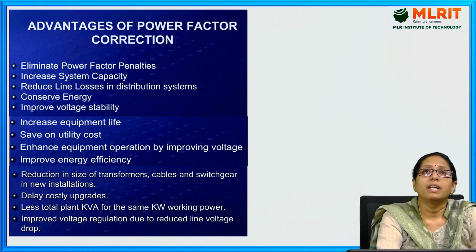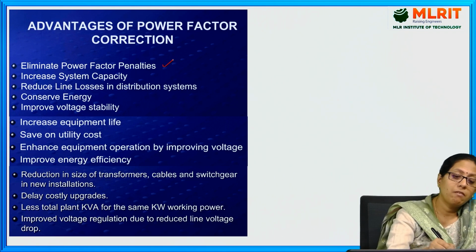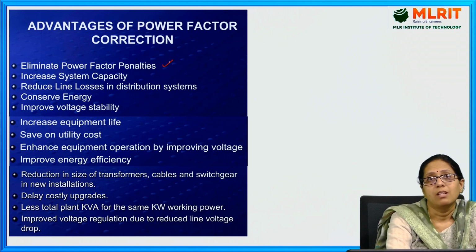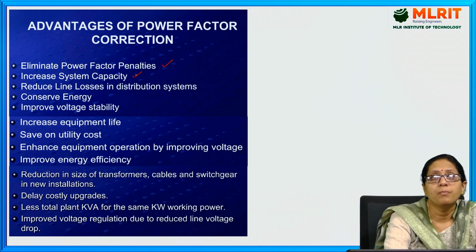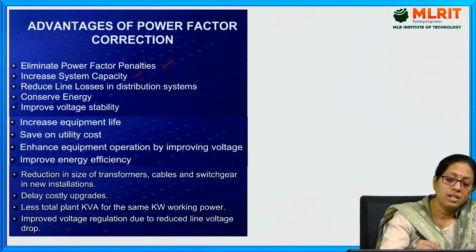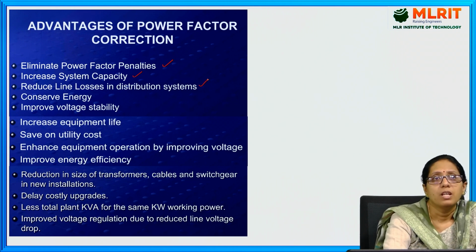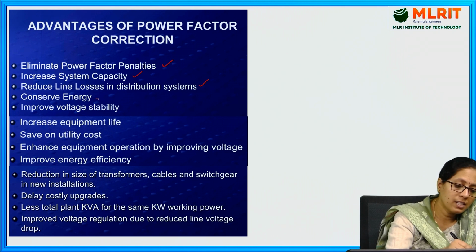What are the advantages of power factor correction? It can eliminate the power factor penalties, it can increase the system capacity, and it can reduce the losses in the distribution system and conserve energy.